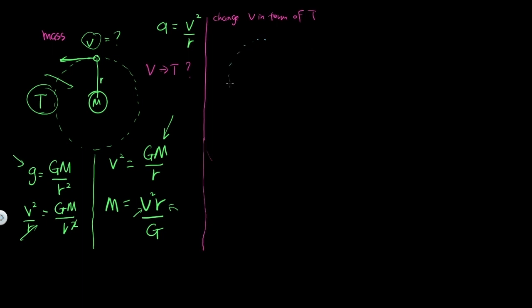If you look carefully, let's say this is the path. It is a circular path, and this is the radius with the center. So how could we find the value of T here? We have v, the linear speed.